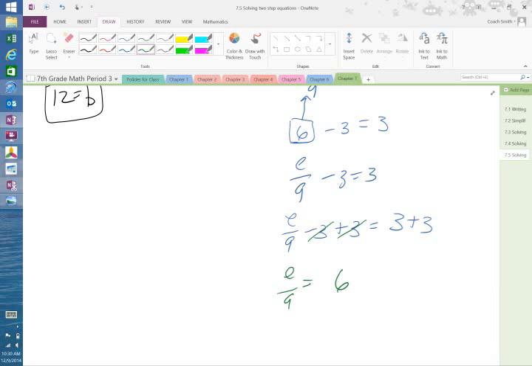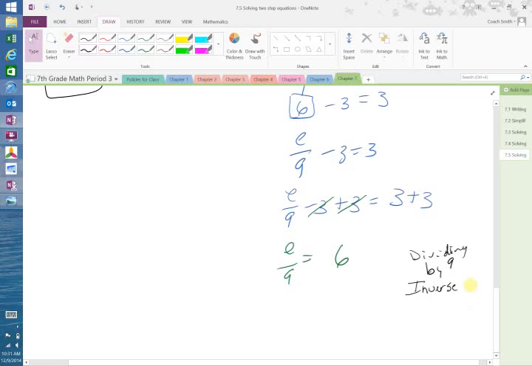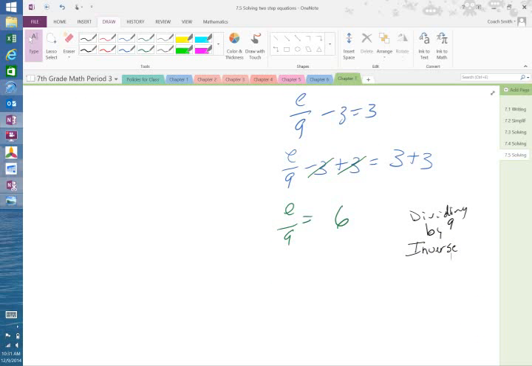Okay? Now, how we solve it from this point is we're dividing by 9. So the inverse of dividing by 9 is to multiply by 9 to both sides. Okay?